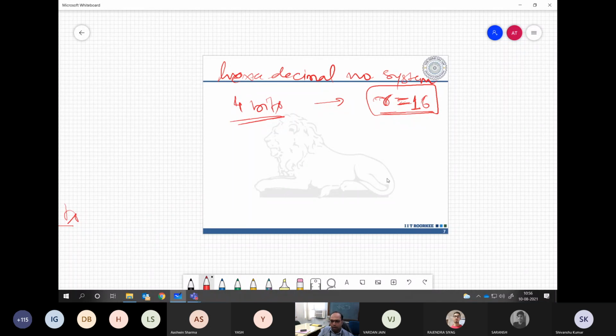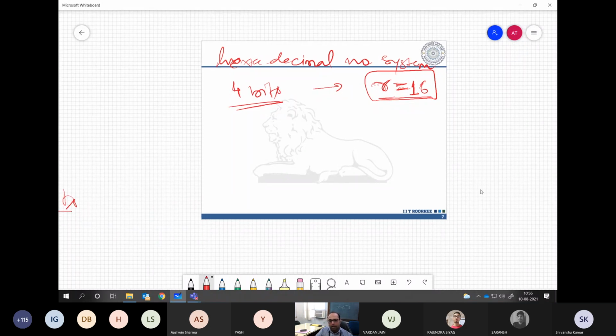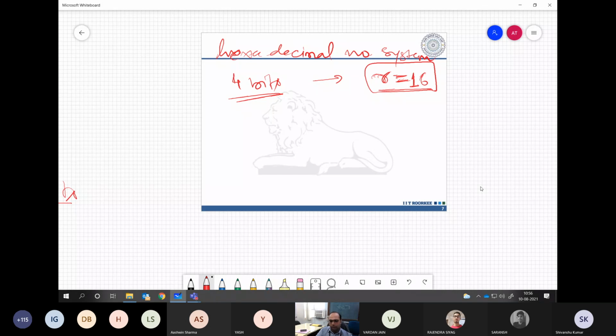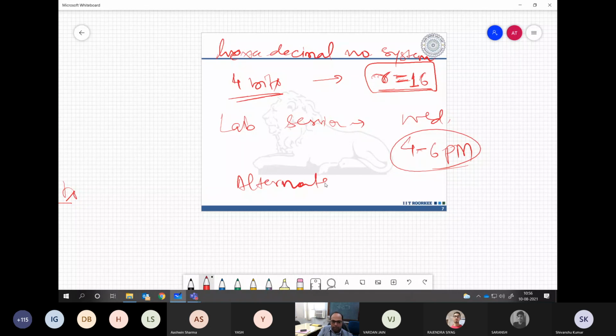There is an announcement regarding the lab that tomorrow onwards our lab session would go on routine. So Wednesday 4 to 6 p.m. is what we have kept, and we will have alternate days for the lab exercise and the lecture.